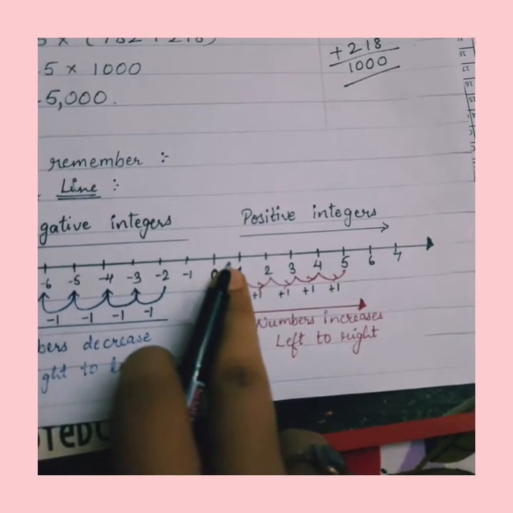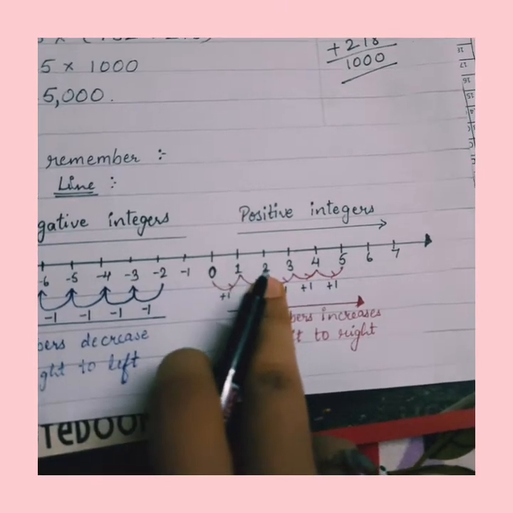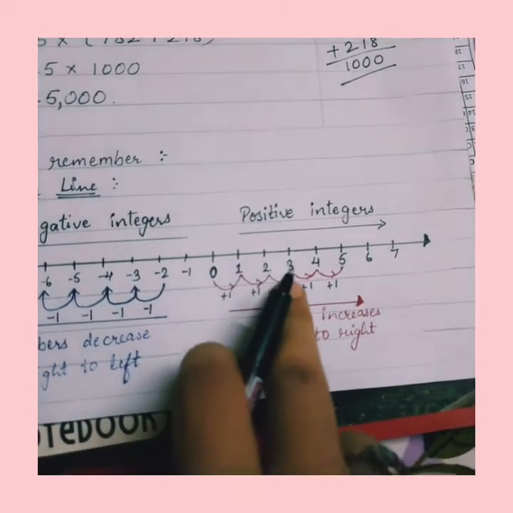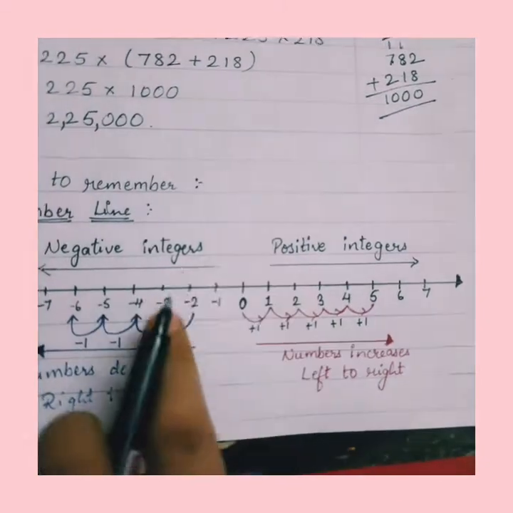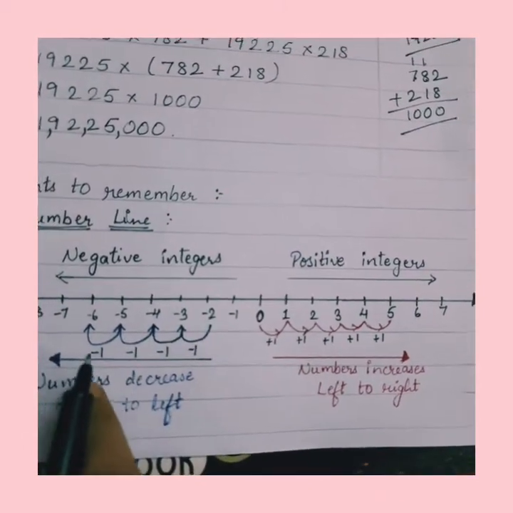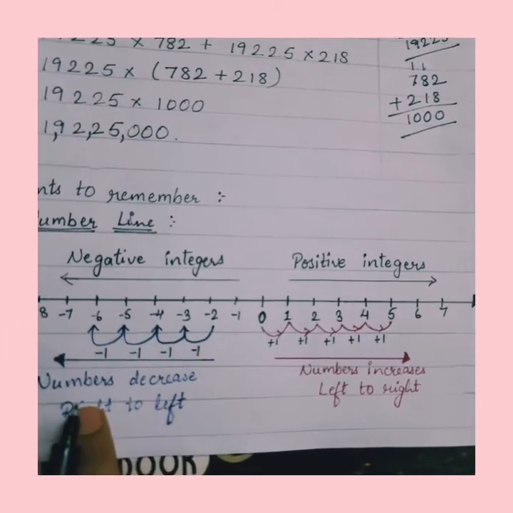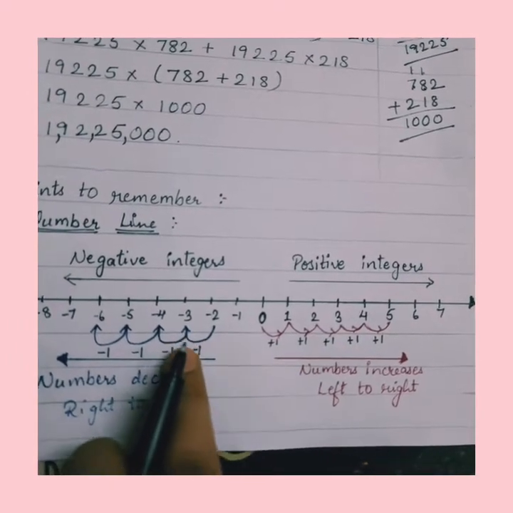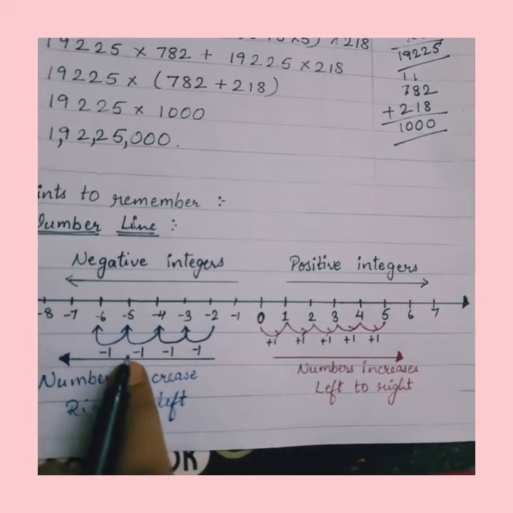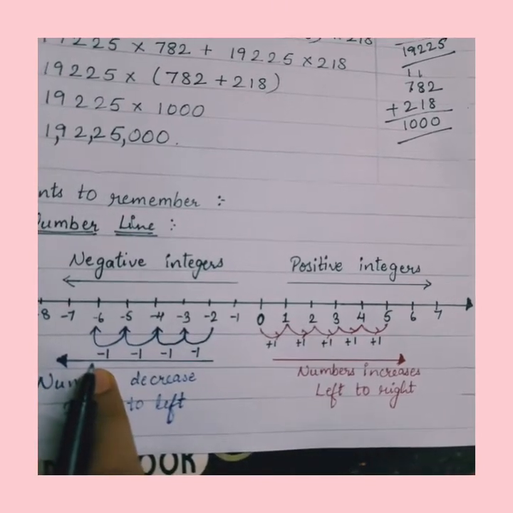If I go from 1 to 2, 1 will be added. 2 to 3, again 1 will be added. Opposite to that, if I go to the left hand side from the right hand side, the numbers decrease, means -1 we have to do in every step.